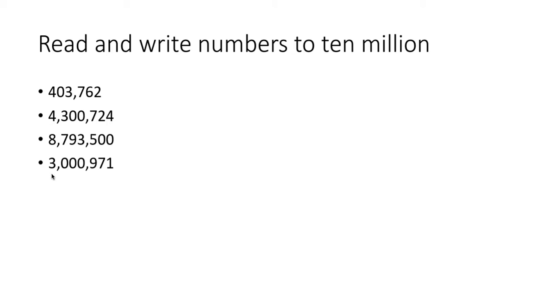It's 3,971,000. There's nothing in the thousands, so we don't need to say that. We still need to label this as the millions, 3 million, and we still need to tell us how many in the unit section here. But we don't have to say the number of thousands because there aren't any. So that's 3,971,000.